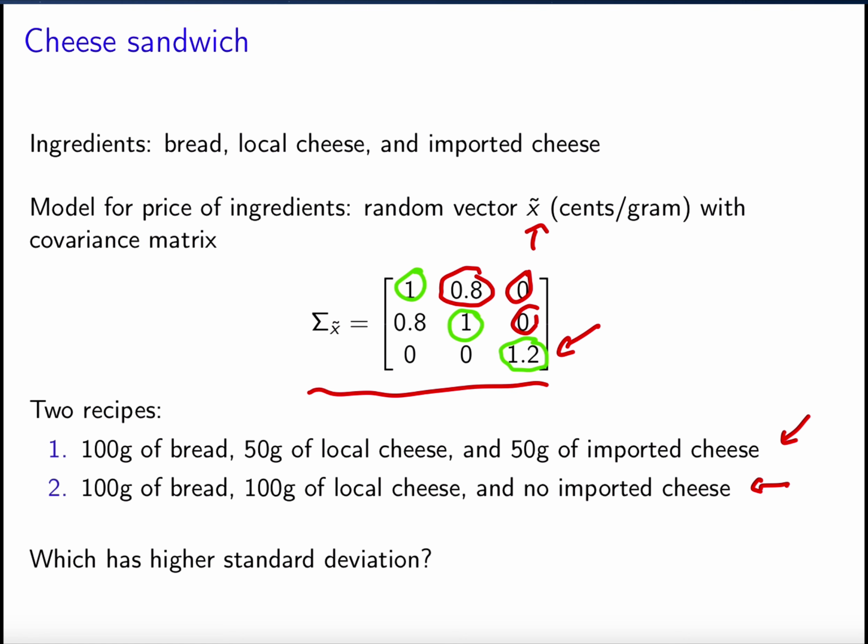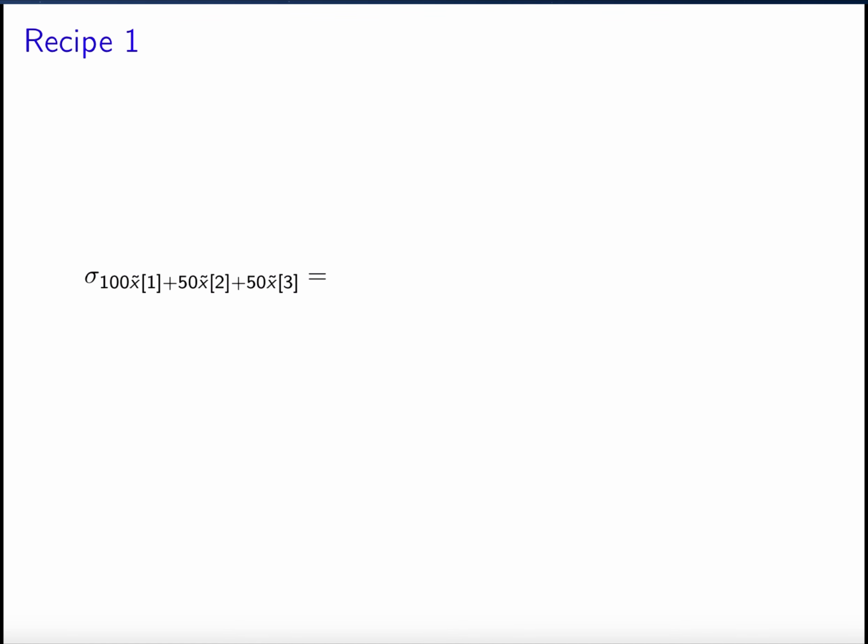Let's start with this one, where we have a linear combination, which is basically, if you realize, the vector 100, 50, and 50, okay, applied to x.